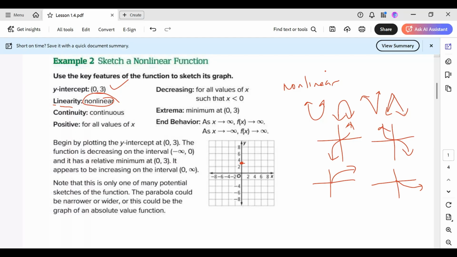One of these is what it's asking us to do. So the next thing says it's continuous. Continuous, remember from our previous lessons, means solid line.